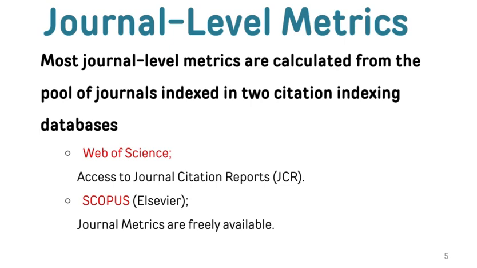And Scopus is a tool designed by the Elsevier publisher group, and it is a very important tool used for measuring journal metrics. And the tool is freely available online.